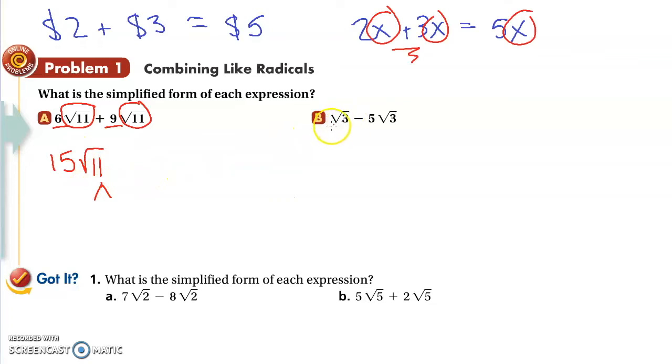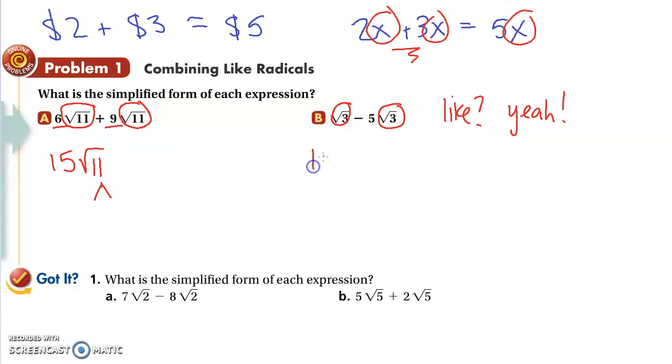Let's look at a subtraction problem. Here I have square root 3 minus 5 square root 3. Are they like? Yeah, they are, because they both have square root 3. Now how would I subtract these? What is square root 3 minus 5 square root 3?